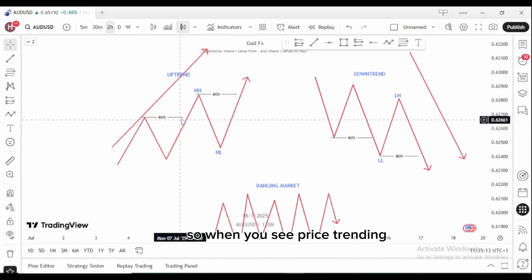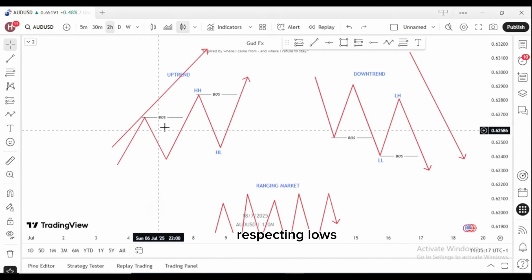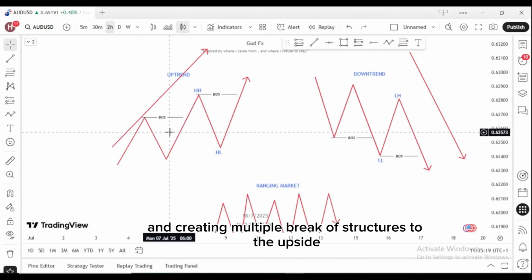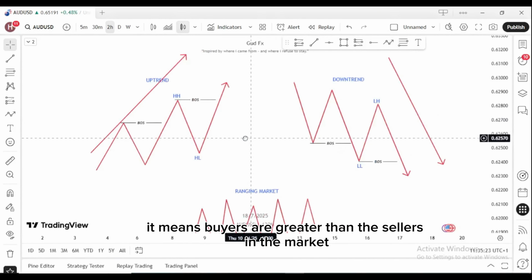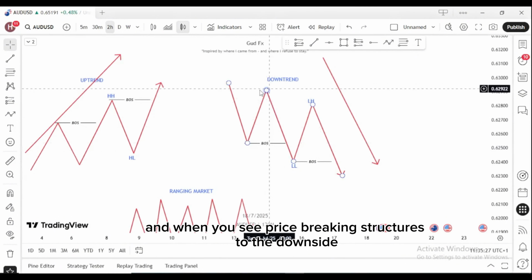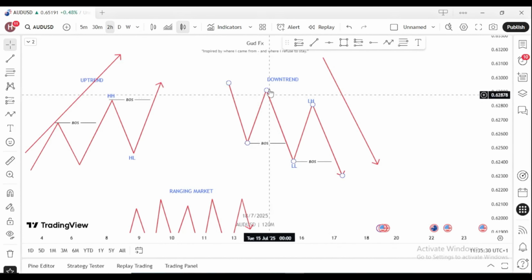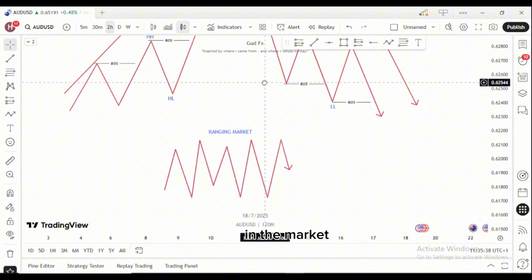So when you see price trending up, creating multiple breaks of structure, respecting lows, and creating multiple breaks of structure to the upside, it means buyers are greater than the sellers in the market. And when you see price breaking structures to the downside continuously and respecting highs, it means sellers are more than the buyers in the market.